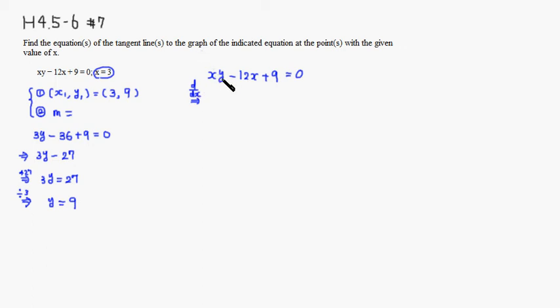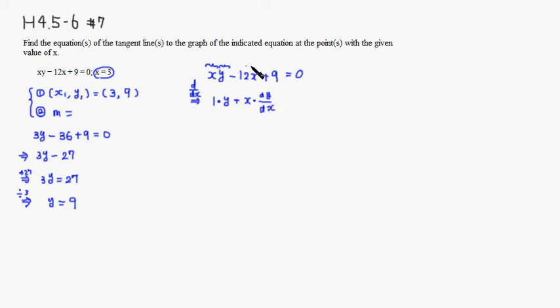Since the first term is a product of two things, x times y, we're going to use the product rule. The derivative of x is 1 times the second guy, which is y, plus the first guy, which is x, multiplied by the derivative of y, dy over dx.